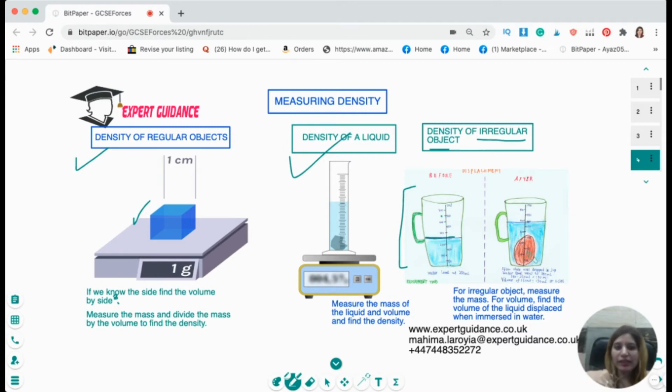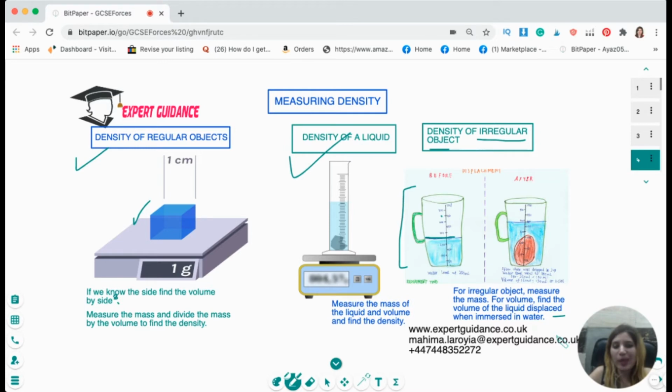Then we put an object in the beaker and see how much the liquid has gone up. That is how much liquid that particular irregular object has displaced, and we take that equivalent to the volume of the object. So for an irregular object, we measure the mass, and for the volume, we find the volume of the liquid displaced when immersed in water, and then we do mass over volume.